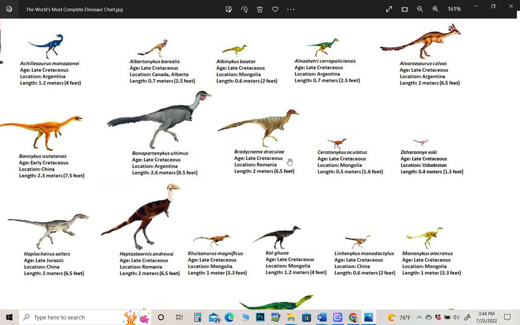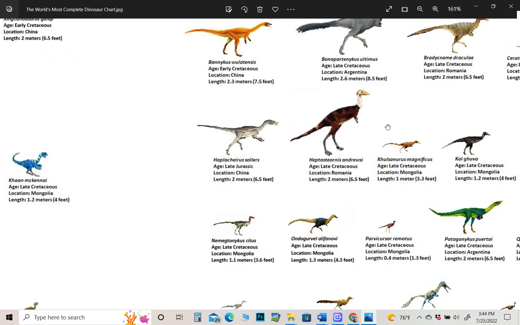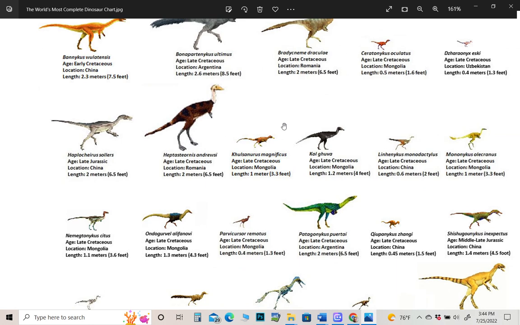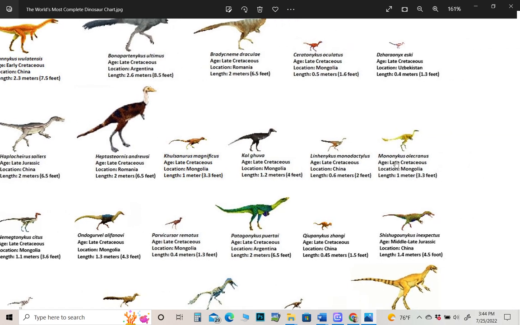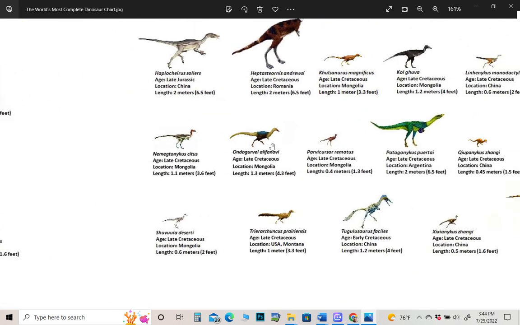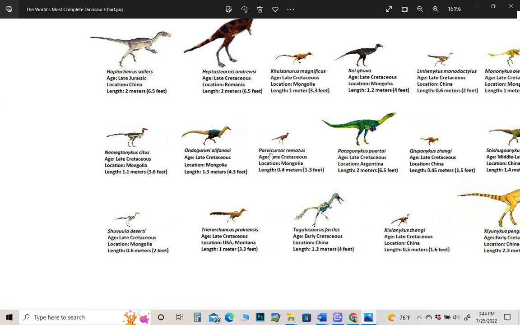Bonapartenykus, Bradycneme, Ceratonykus, Xixianykus, Haplocheirus, Heptasteornis, Kol, Linhenykus, Mononykus, Nemegtonykus, Ondogurvel. I think that might have been discovered this year.